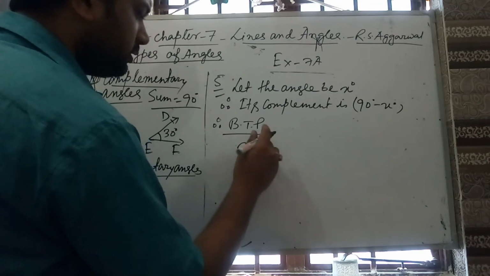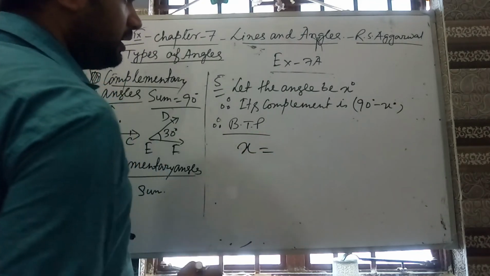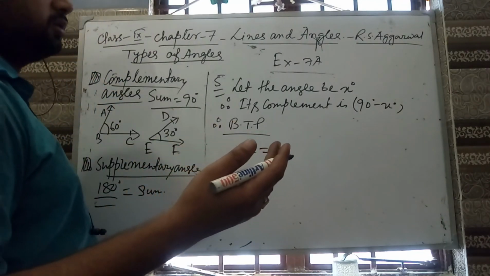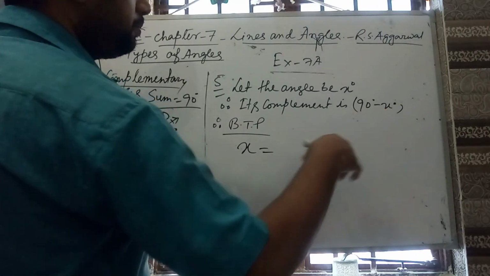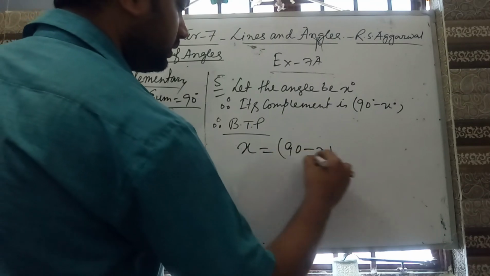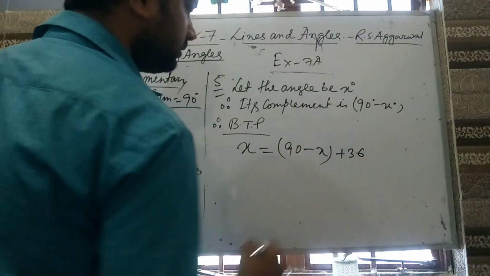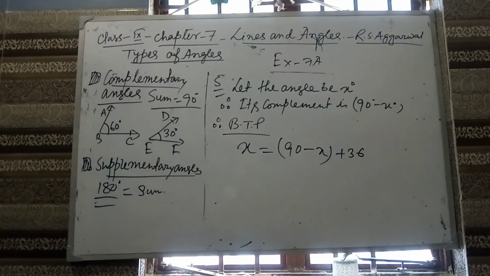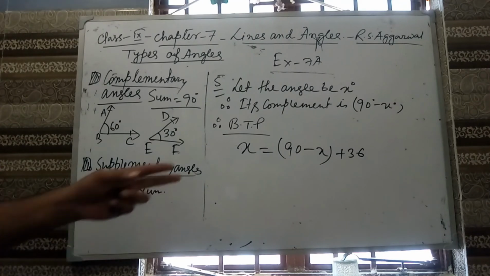The angle is x, 36 degree more, that means this one plus 36 degree. 90 minus x plus 36. Is it okay? Read it again.